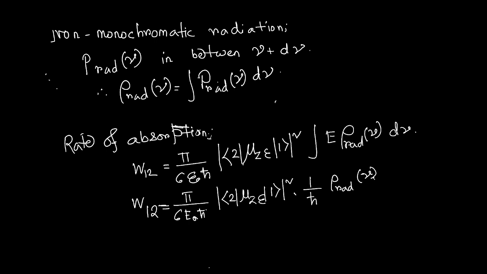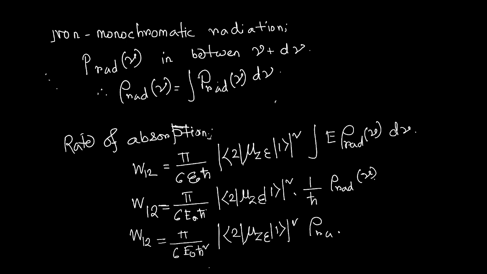Okay, now h cut, 1 root mu 1 square, into rho. So this is the expression of the rate of absorption.